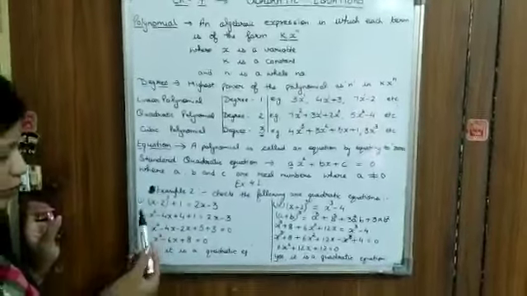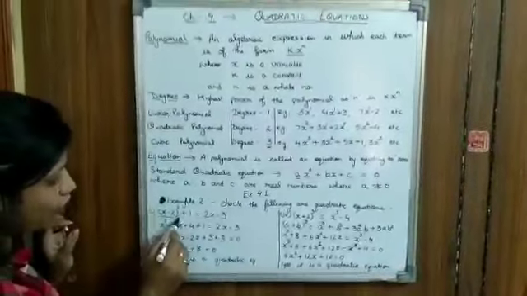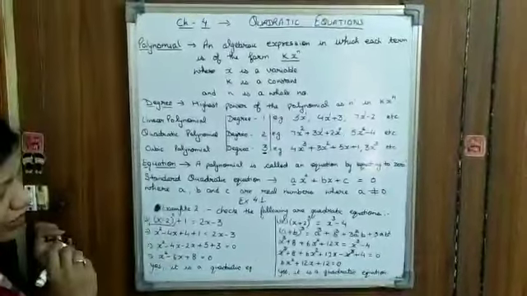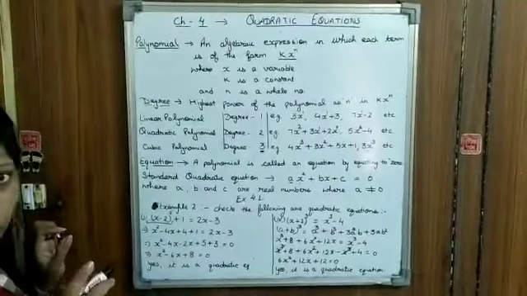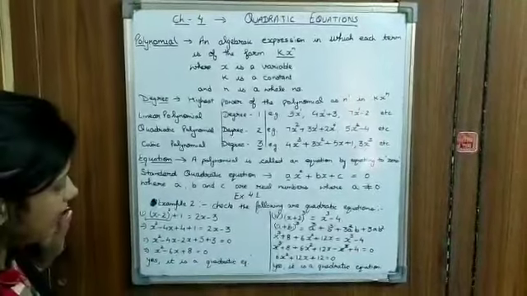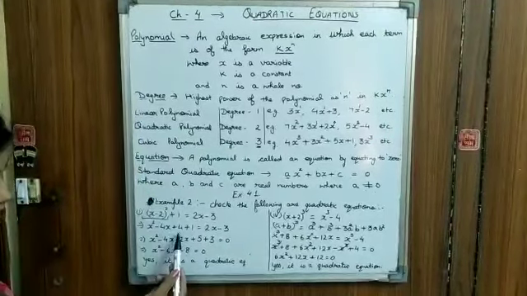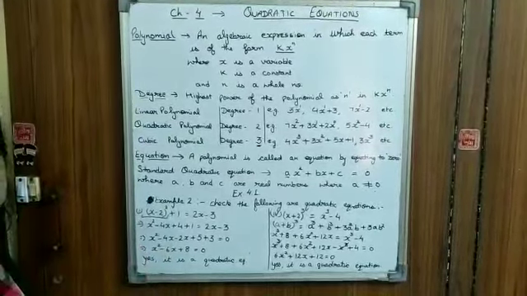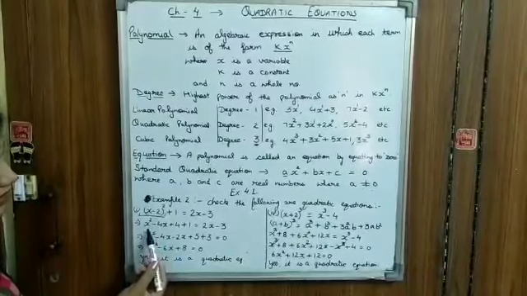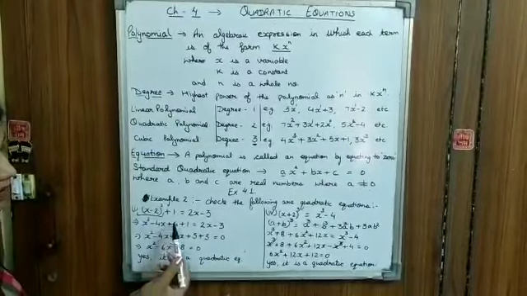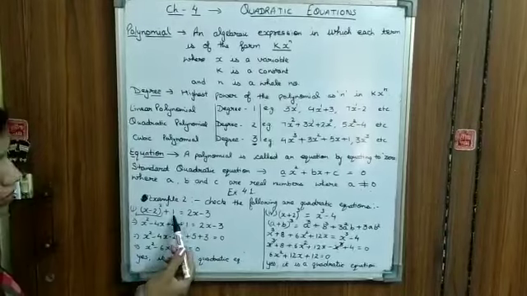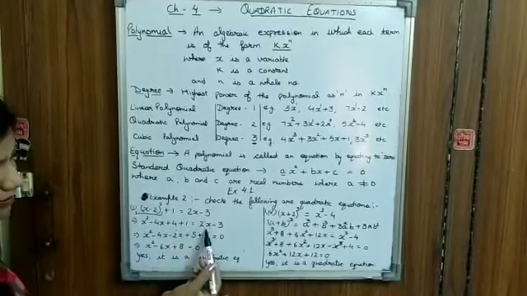Let's solve it. As you all know that whenever we have a whole square, we solve it by the identity. I hope you remember the identity. A minus b whole square is a square plus b square minus 2ab. Let's solve it. It is equal to x square minus 4x plus 4 plus 1 and write the right hand side same.